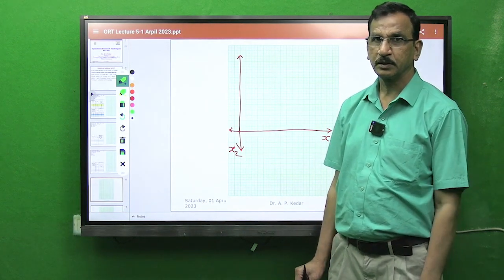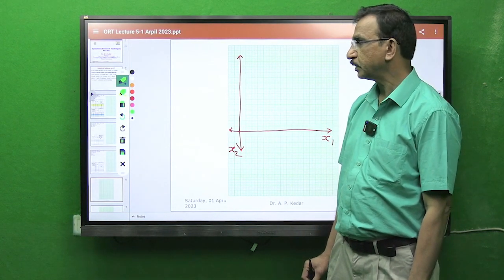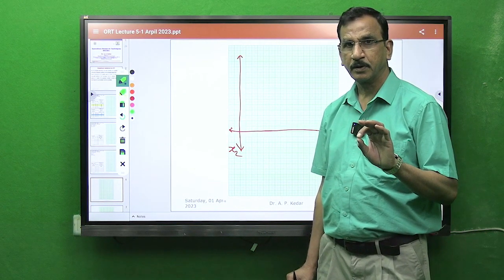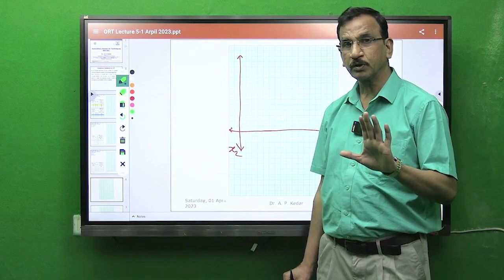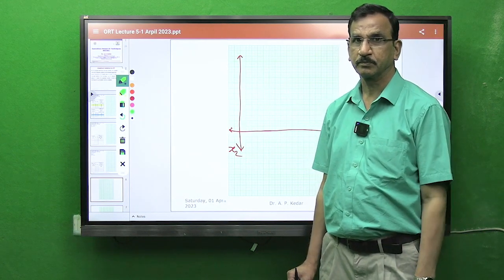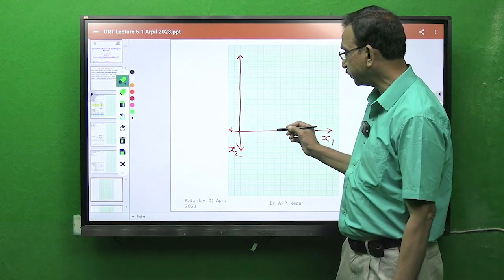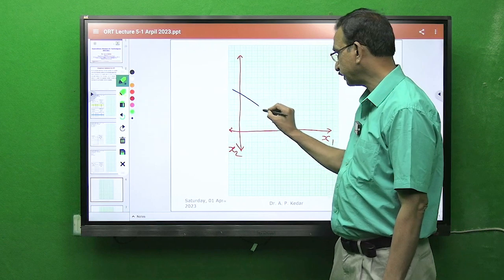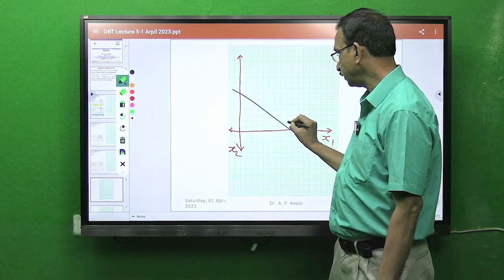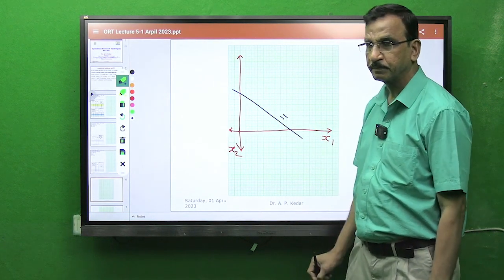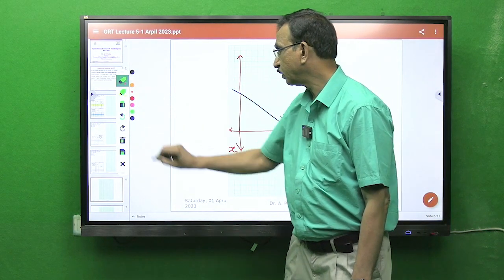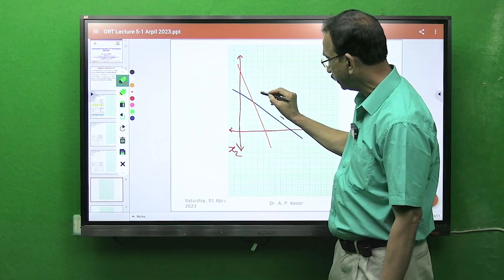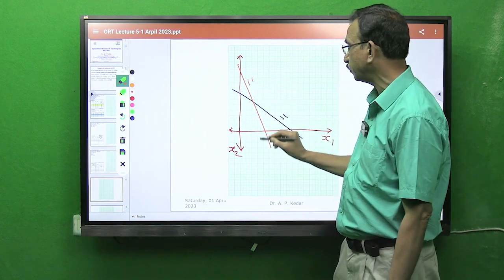In the earlier case we have seen that if it is an equal to sign, our solution lies on the equal to line, satisfying the other conditions that we have studied. Now what I am emphasizing is, suppose I get this one line with an equal to constraint, and this one line again with an equal to constraint.